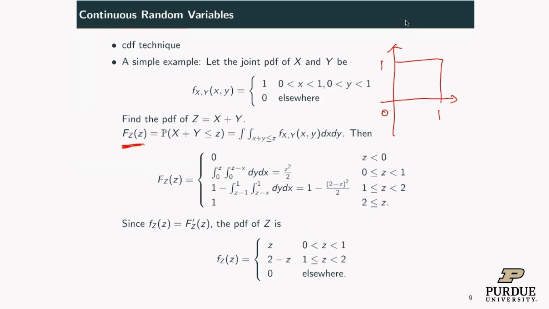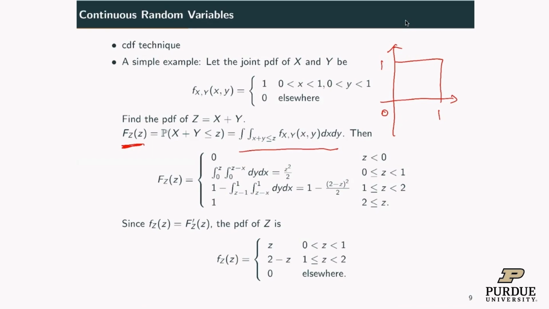X and y are uniform. Now this is asking you what's the probability x plus y less than or equal to z. So this is equal to the double integration over this region. But be careful, this PDF is 1 only over this support.